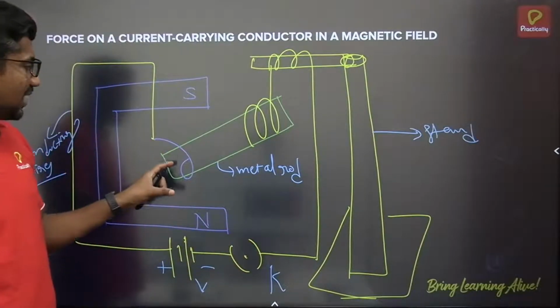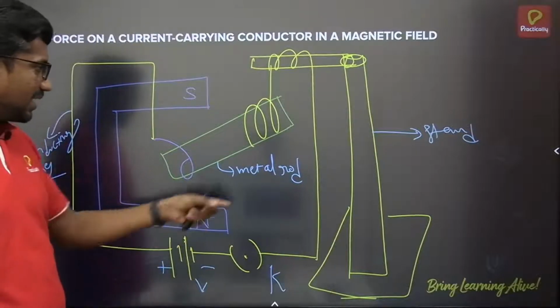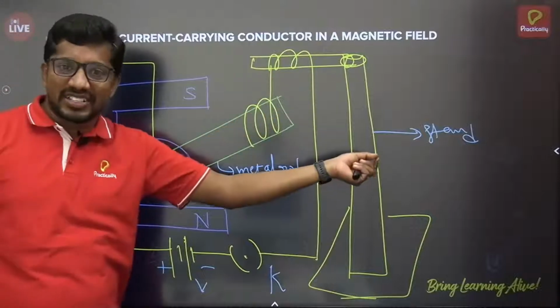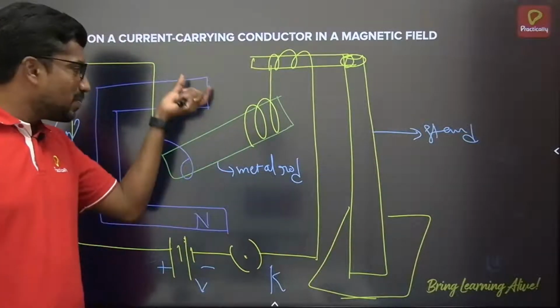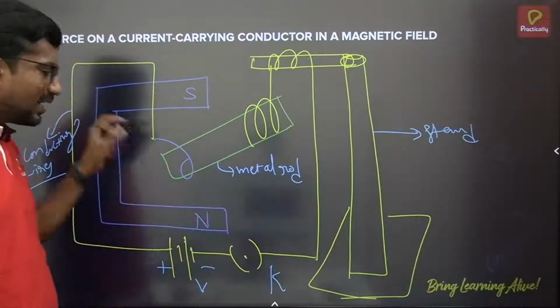It is connected to the voltage source with the help of conducting wires like this, and this entire arrangement is placed over here with the help of a stand, and here this conductor is placed in the presence of a magnetic field which is developed by a horseshoe magnet like this.